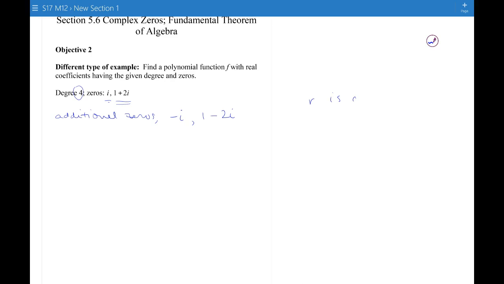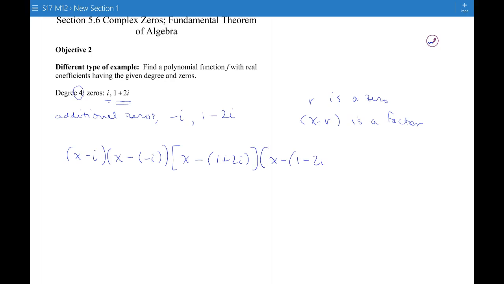If r is a zero, that means x minus r is a factor. So we can build this polynomial by saying x minus i is a factor, x minus negative i is a factor, x minus 1 plus 2i is a factor, x minus 1 minus 2i is a factor.